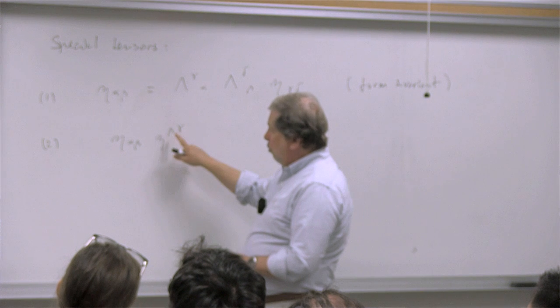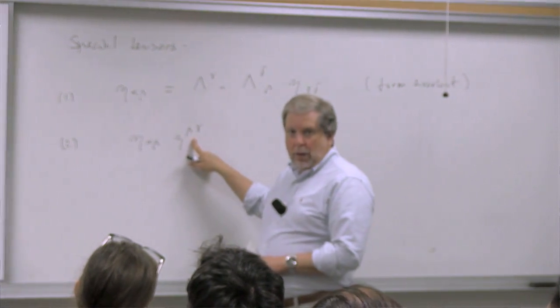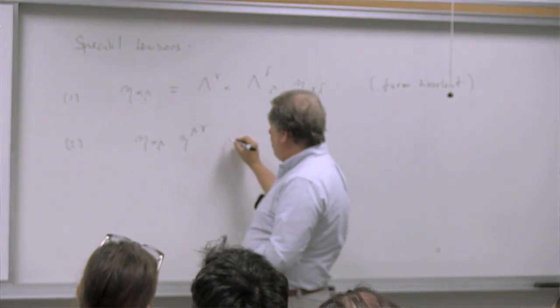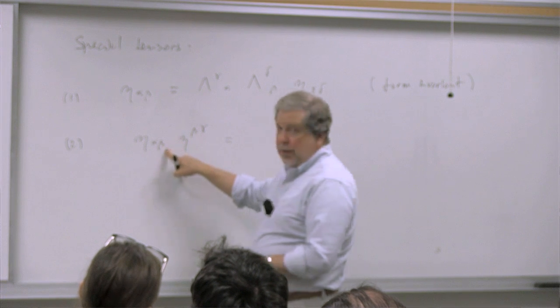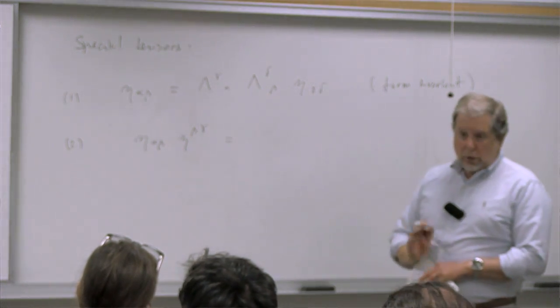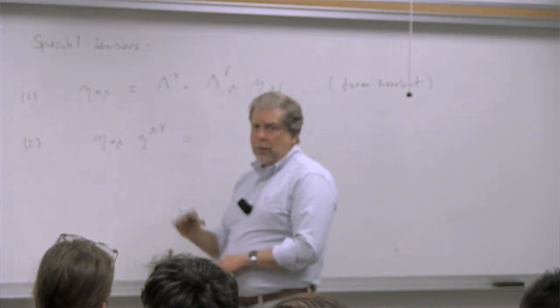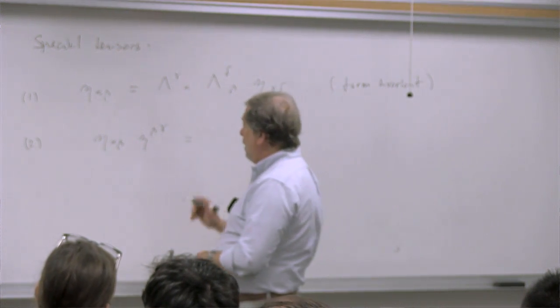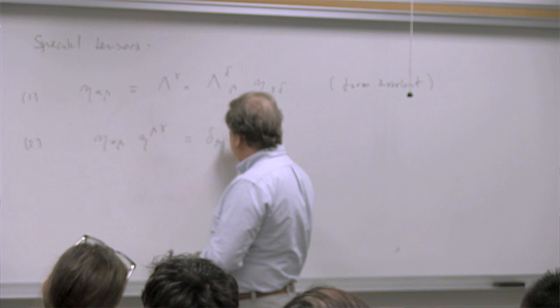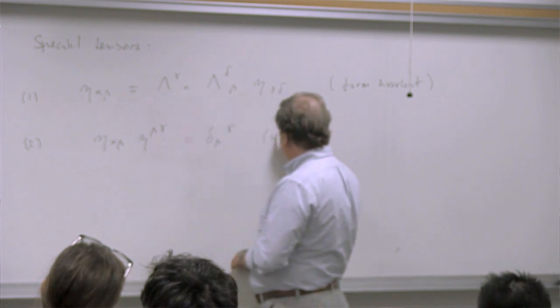In this case, we contract over the index beta. As a result, we end up with an object that has an index upstairs and an index downstairs, which is also going to be a tensor. But in this case, if you remember the explicit form of eta, we know that this is simply delta beta gamma, the Kronecker symbol.